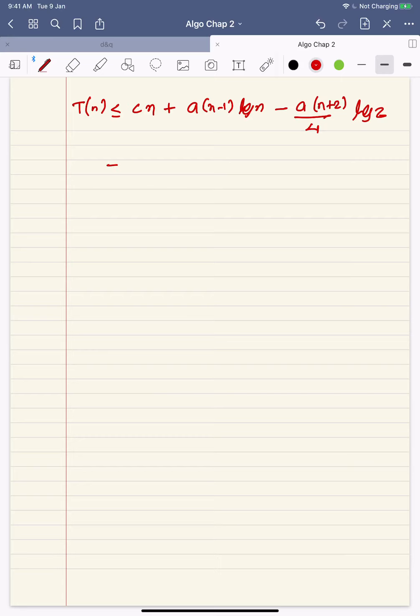So this is the same as a n log n plus Cn minus a log n minus a n by 4 log 2 minus a by 2 log 2.